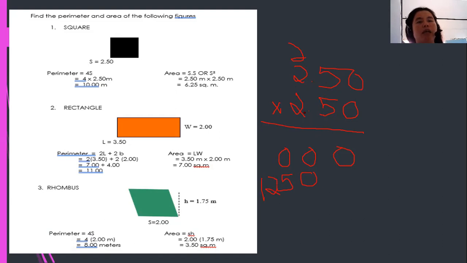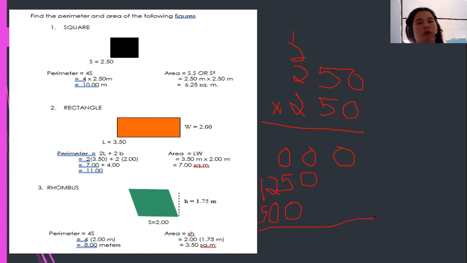Then 2 times 0 is 0, aligned under your 2. Then 2 times 5 is 10, carry 1. 2 times 2 is 4 plus 1 is 5.